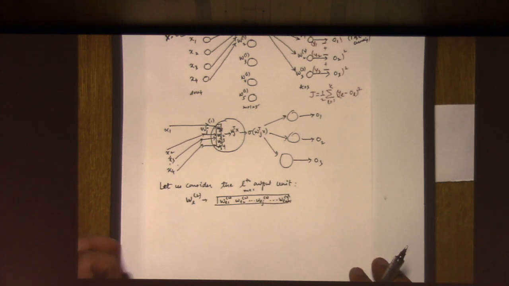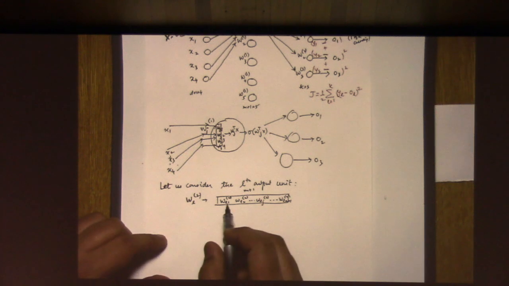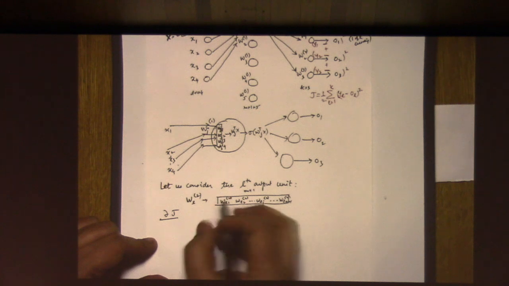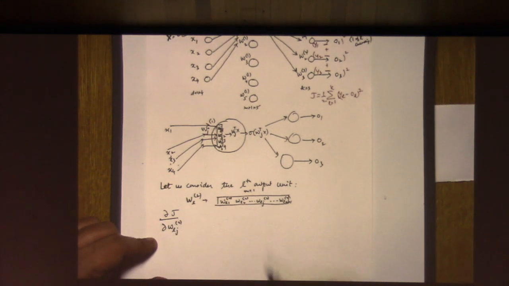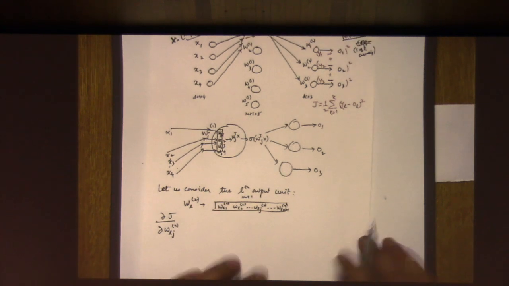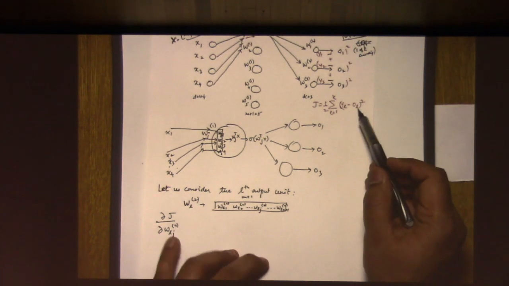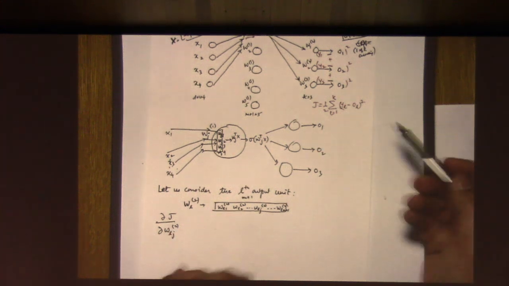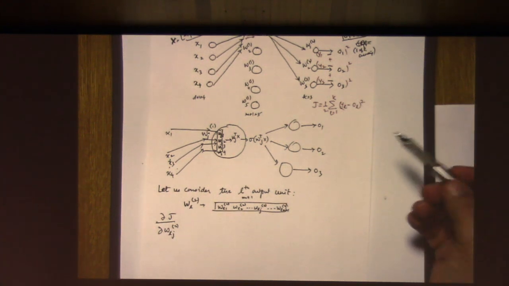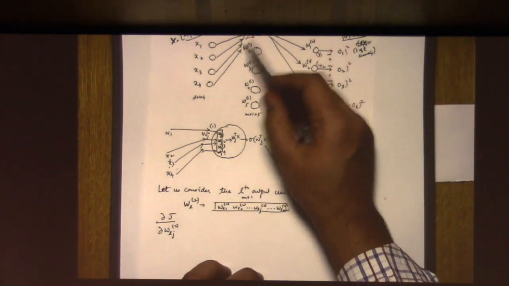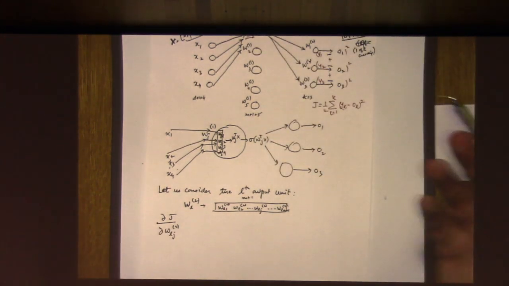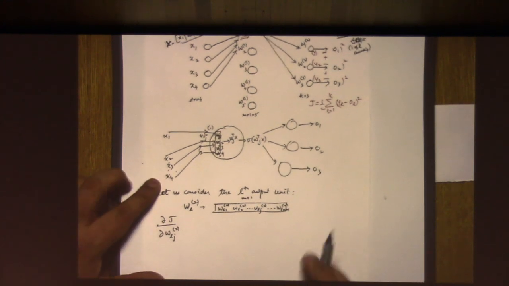So now we need to compute the derivative of J with respect to any one of these, W_L of j, right? So if you see this equation, you do not see W_Lj here. It's not there explicitly. But what you know is that this O of L has been computed by using all of these W vectors. So all we need to do is get that relationship.